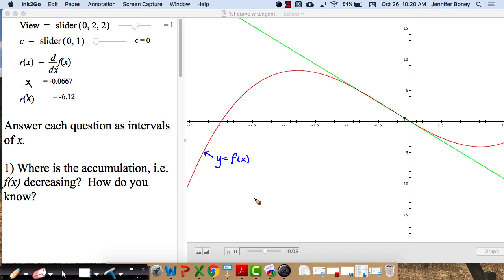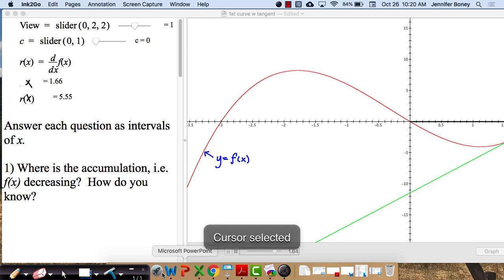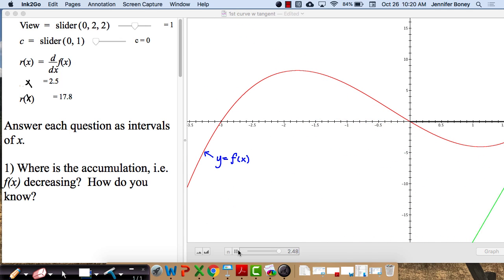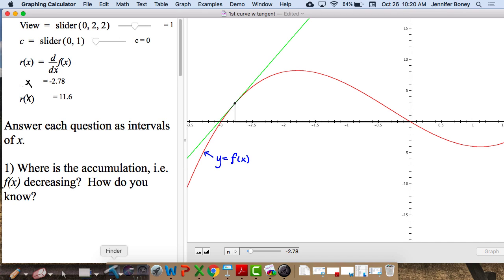So let me just pause this for a minute because it's kind of distracting to have things wiggling. There we go. So taking a look at this red graph, this is things we talked about before, but I should be able to see intervals where the red graph of accumulation is increasing or where it's decreasing.